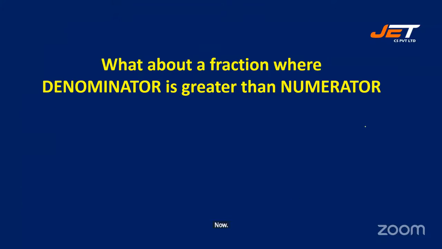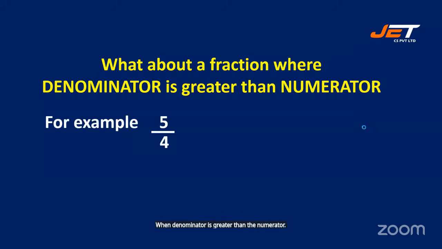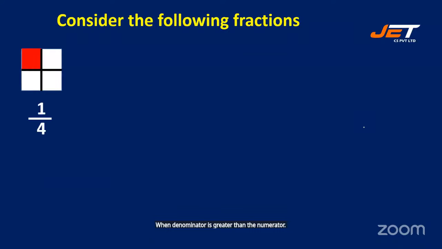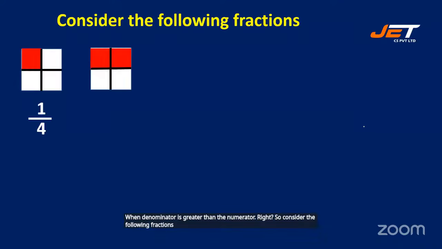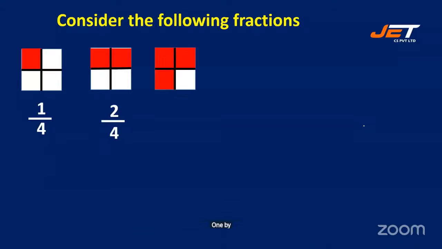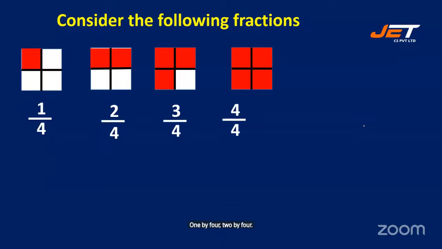Now what about a fraction where the numerator is greater than the denominator? So consider the following fractions: 1 by 4, 2 by 4, 3 by 4, 4 by 4. What is 4 by 4? It is 1 by 1.